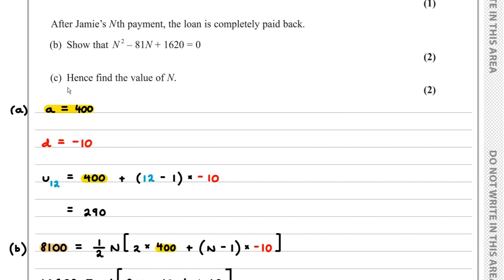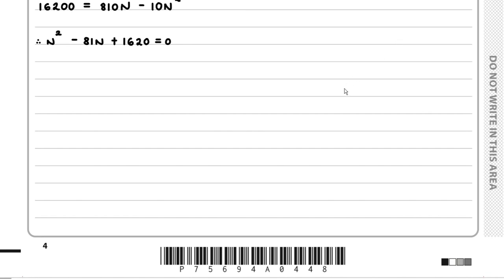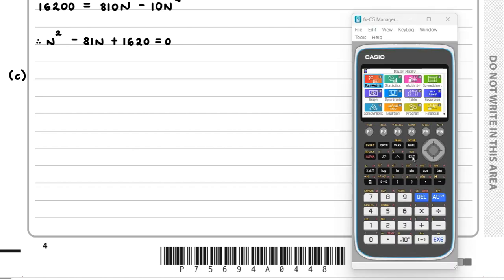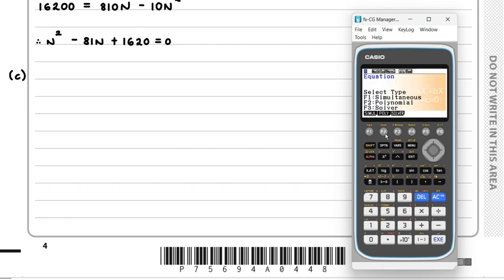Part C. Hence find the value of n. For part C, we would have to solve the quadratic n squared subtract 81n plus 1620 equals 0. If we go to the equation sub-menu, we have a polynomial of degree 2.